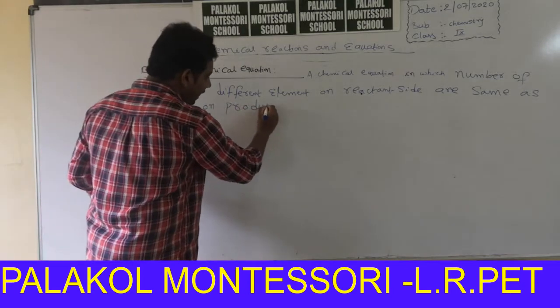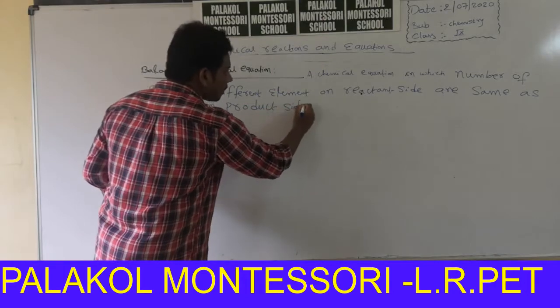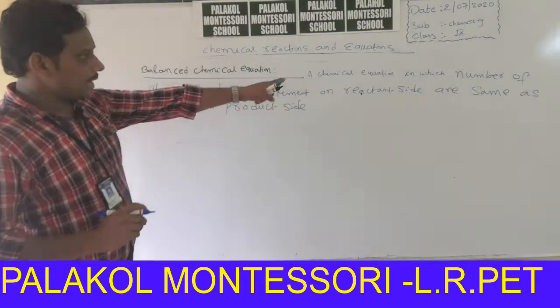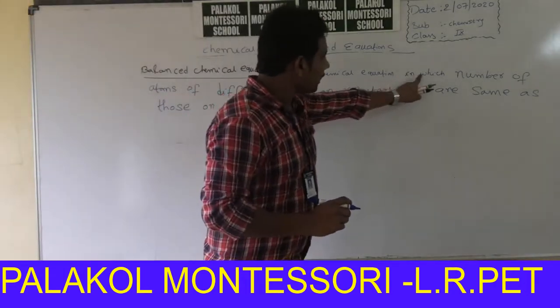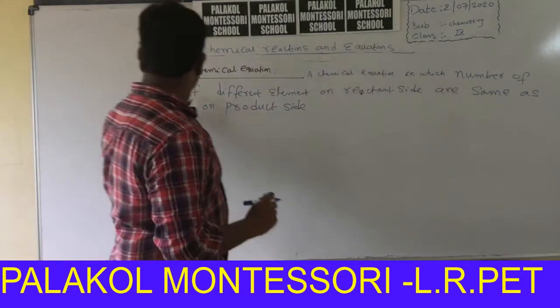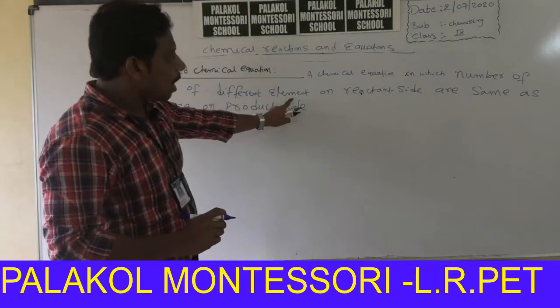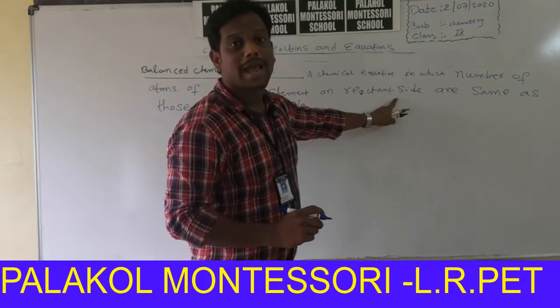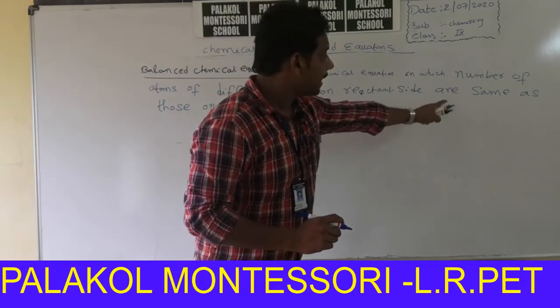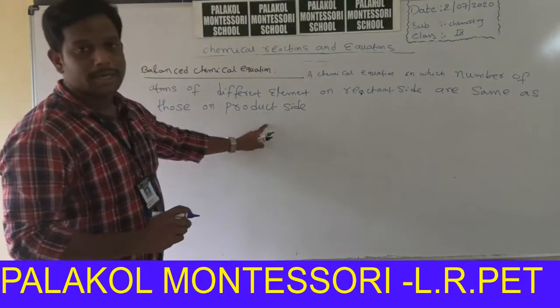Okay, I will explain again. A chemical equation in which the number of atoms of different elements on the reactant side, that means on the left hand side of the arrow mark, are the same as those on the product side.